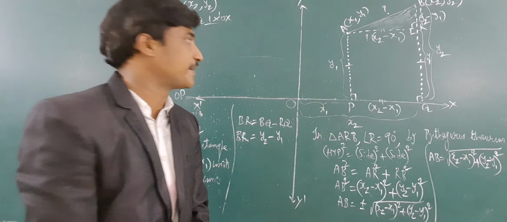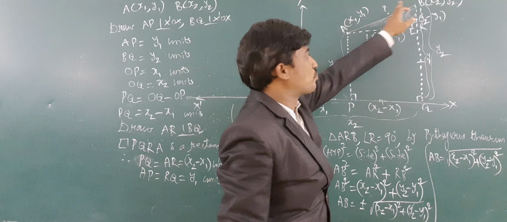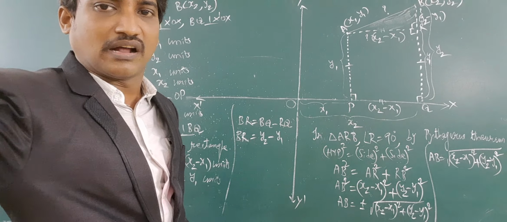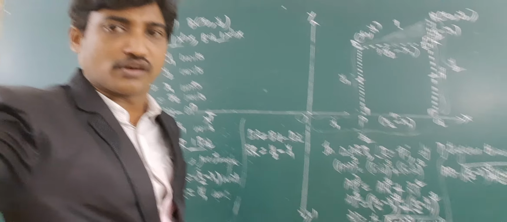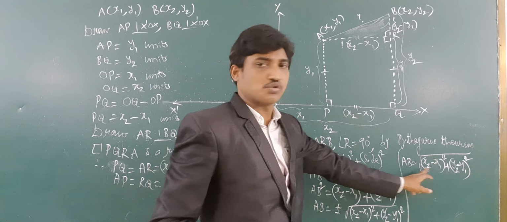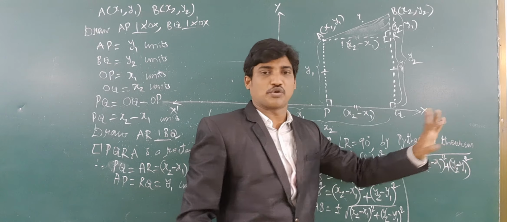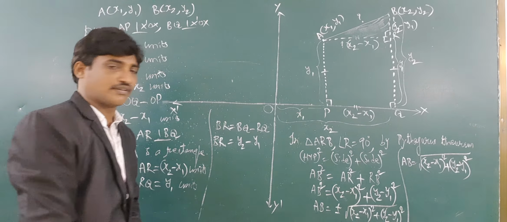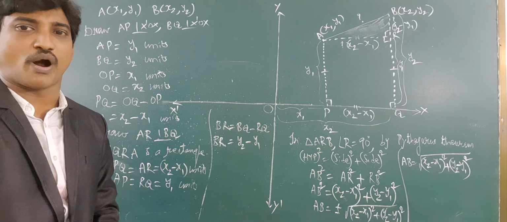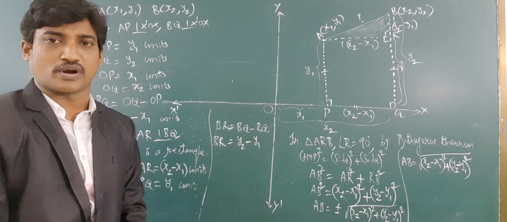So the distance between two points lying on a coordinate plane is square root of x2 minus x1 whole square plus y2 minus y1 whole square. This is the formula for finding the distance between two points lying on a coordinate plane.